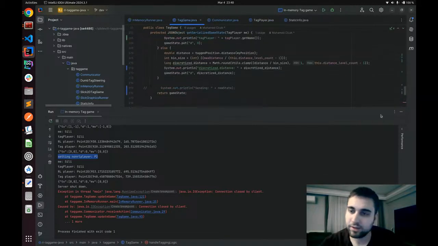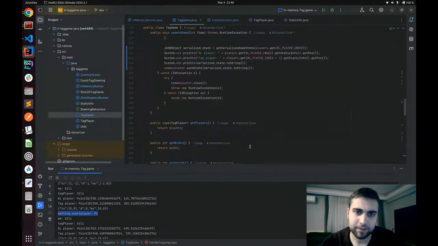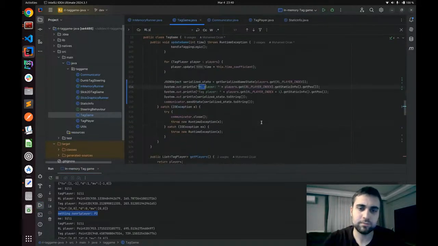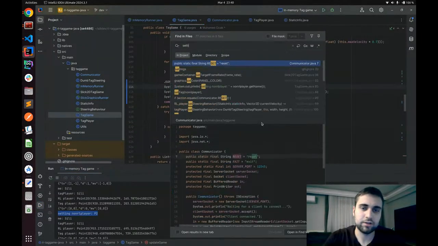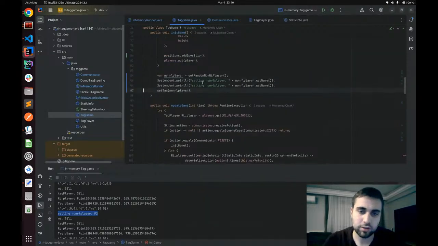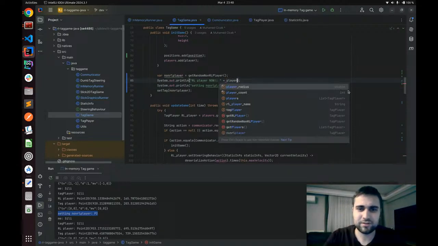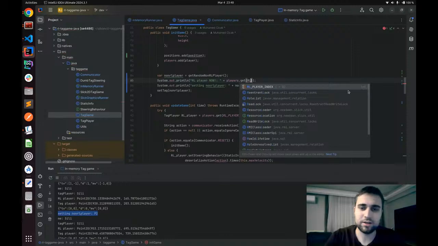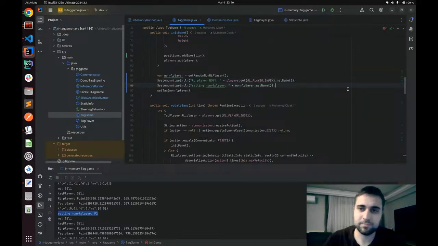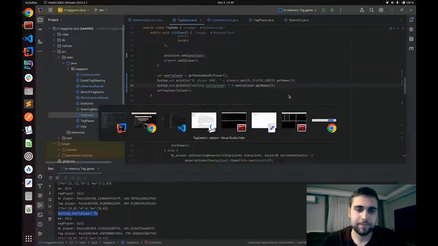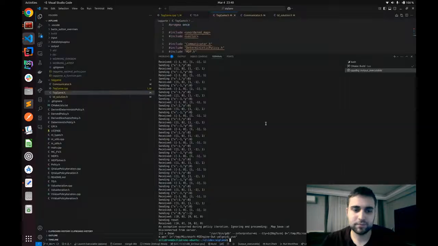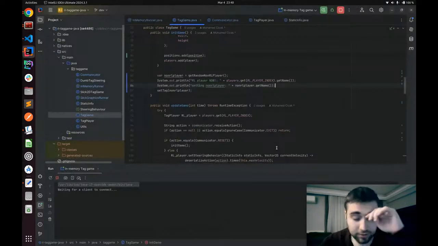Let's print everything. RL player. Oh, setting non-RL player. RL player now, I guess like this. And then players dot get RL player index get name. And I'll start that.